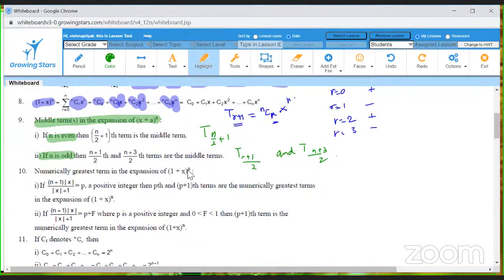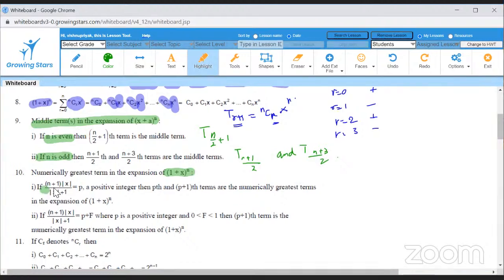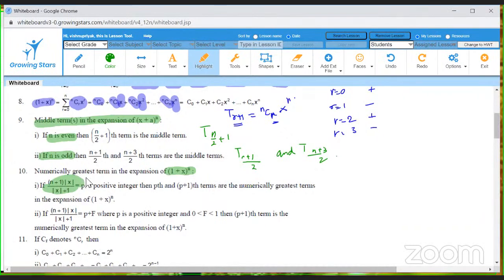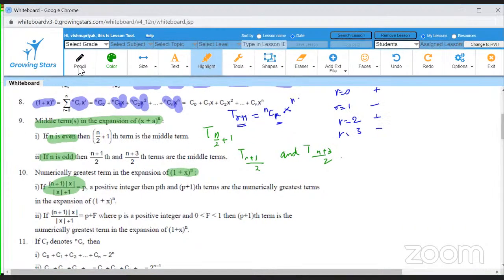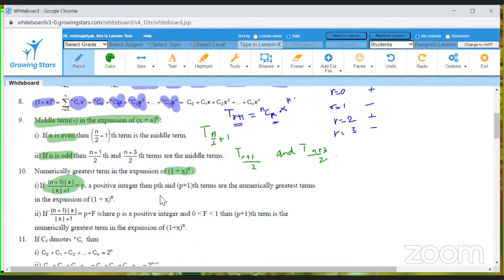In the expansion of (1 + x) to the power n, if you want to find the numerically greatest term, the largest one number-wise, then you have to find (n+1)|x| / (|x|+1). Suppose that answer is P, where P is a positive integer.